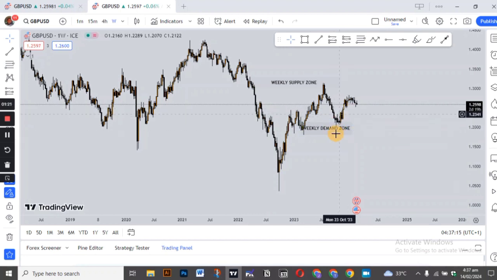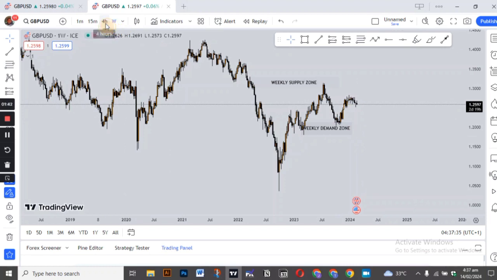So presently I'm expecting this zone to build this structure. With this structure, we still continue buying. So presently we are buying like on an uptrend.